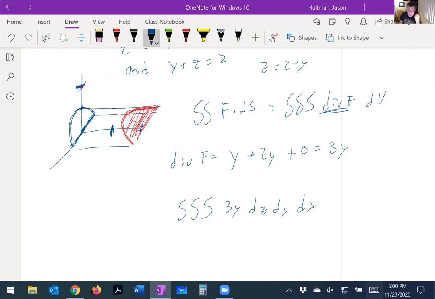Now I have to ask ourselves, what are x, y, and z going from? I want to get my limits here. What does x go from? It looks like x is going from -1 to 1.